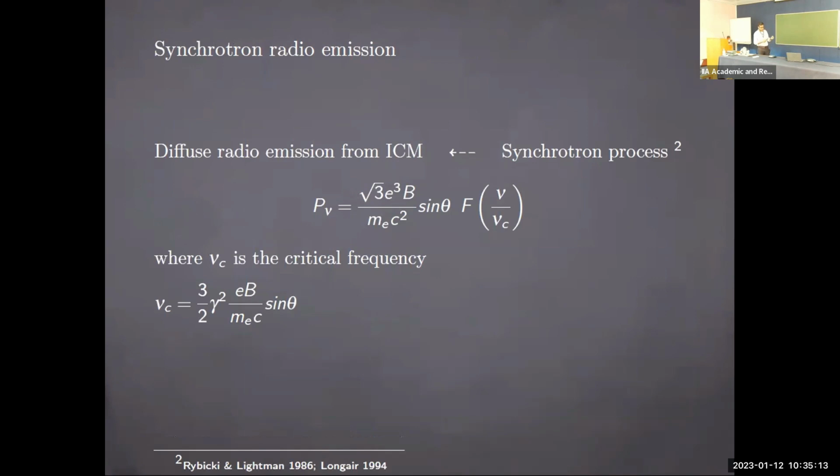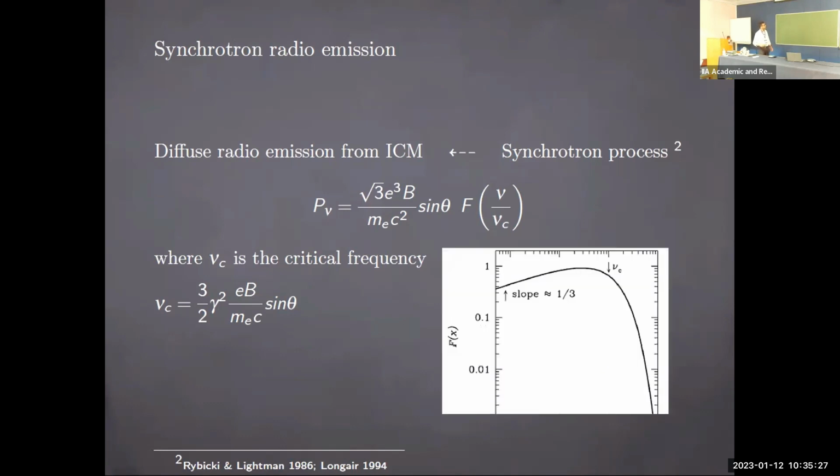So this is the radio emission power from a single electron, where a magnetic field is required, and this F function is the synchrotron function, which peaks at 0.29 times the critical frequency. But this corresponds to a single electron only.